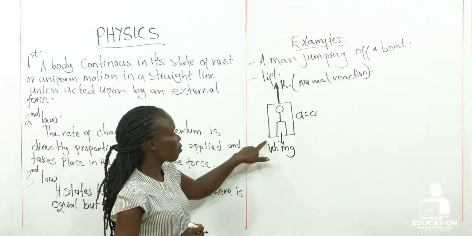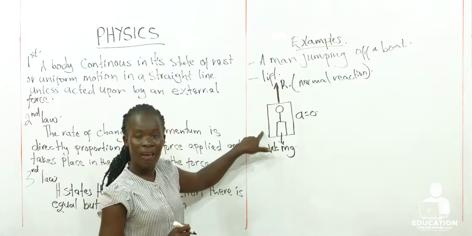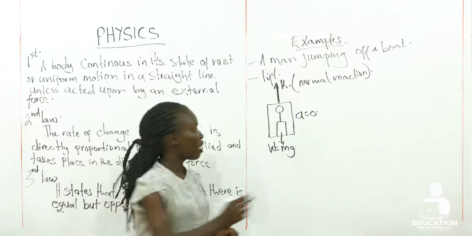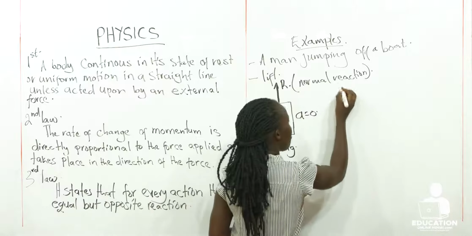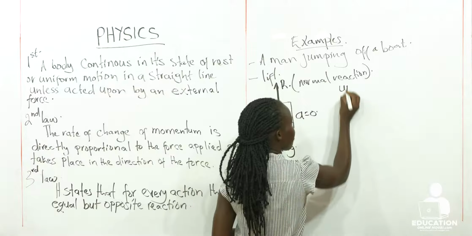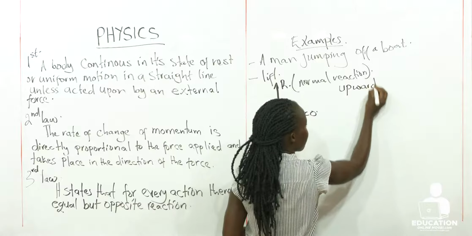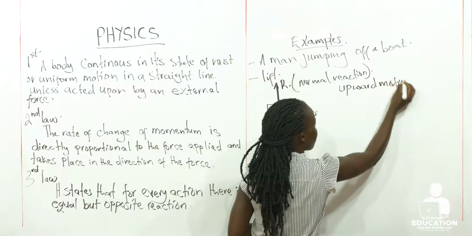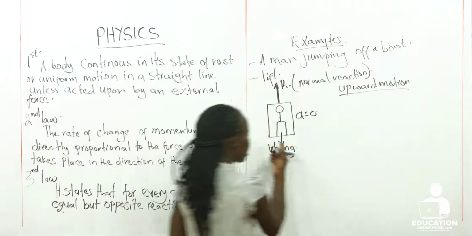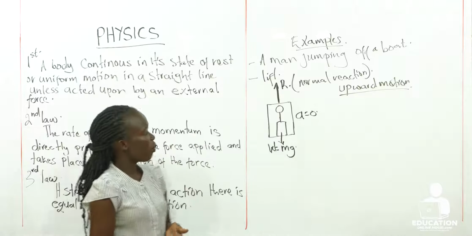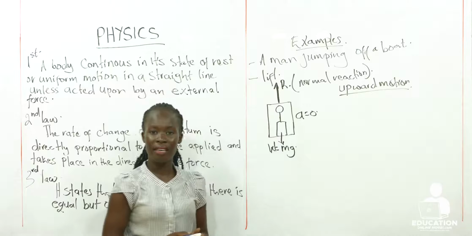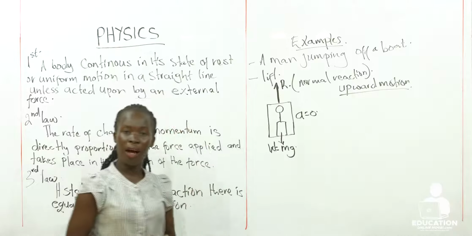So take a look at this. What if now you press the button and you want the lift to move? Let us take the upward motion. Here you were just standing. Now, what if you've started accelerating, moving in the upward direction?